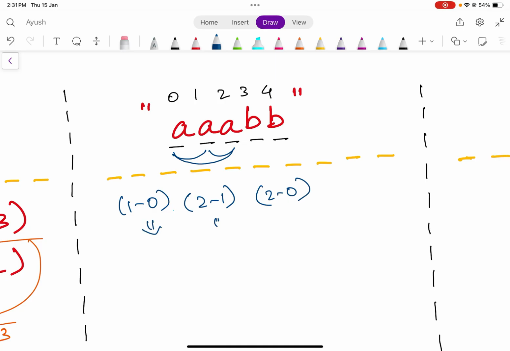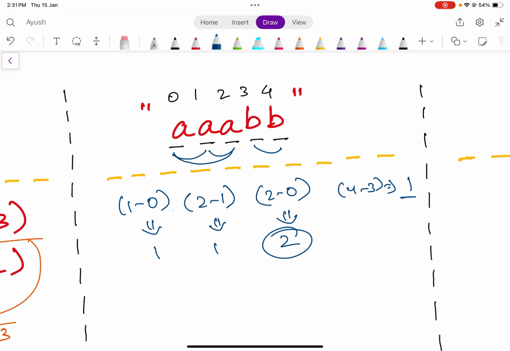These three values are 1, 1 and 2. We see that there are equal characters at an even distance. What about B? For B, 4 minus 3 is already 1, so we don't have to change anything for this part.